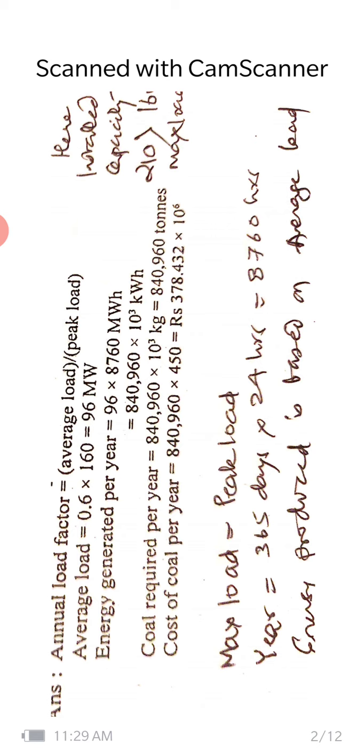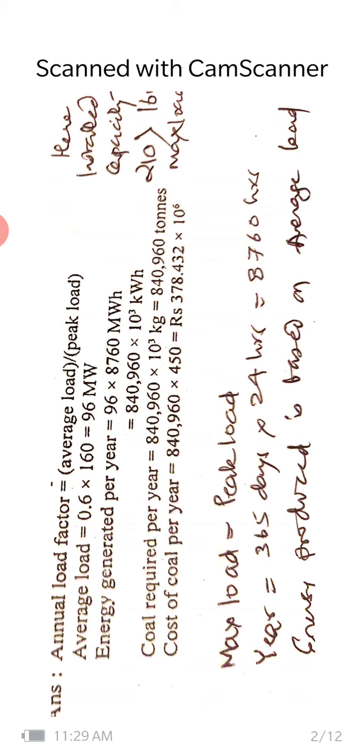Here the installed capacity of 210 megawatt we are not considering because it is greater than the 160 megawatt of the peak load. Please understand, the 210 megawatt installed capacity, I am nowhere considering, because that is higher than the peak load. Peak load is only 160 megawatt.